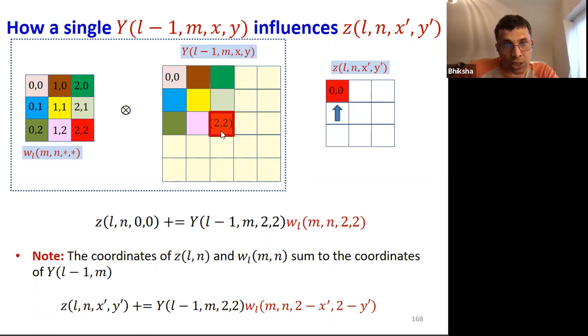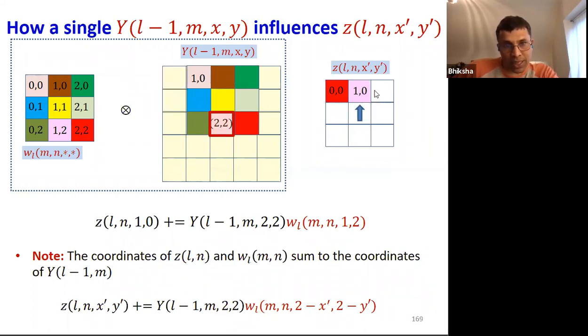So the 2-2 element of the map multiplied the 2-2 element of the filter, as you can see. And so Y22 multiplied W22 to contribute to Z00.